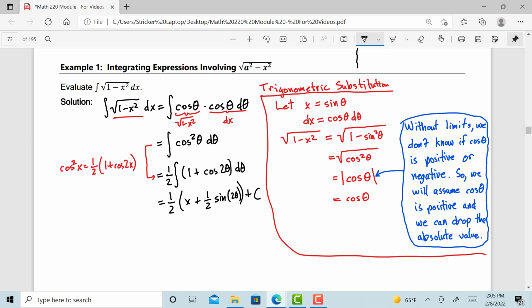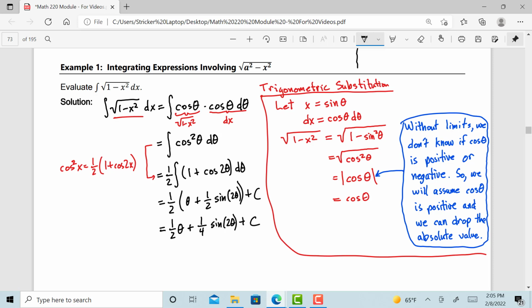I did make one mistake there. I just noticed this should not be an x. That should be a theta. Then we can go ahead and distribute in the 1/2 there. That gives us 1/2 theta plus 1/4 times the sine of 2 theta plus c. And now that looks great.